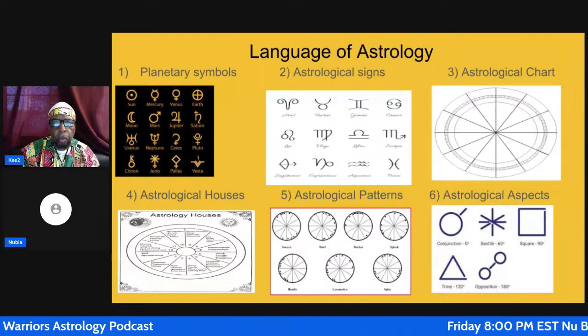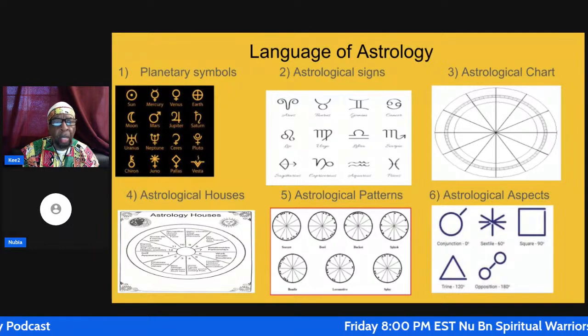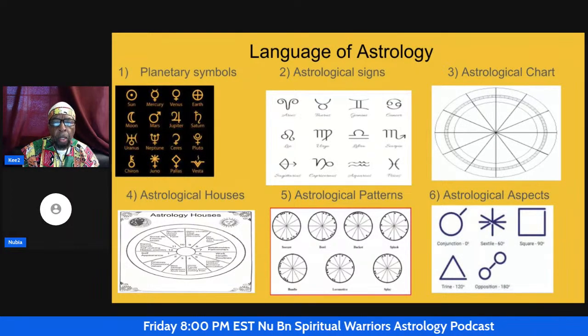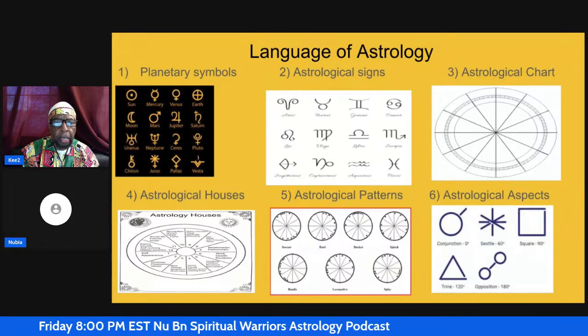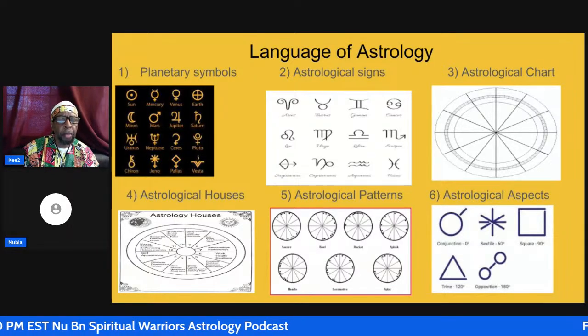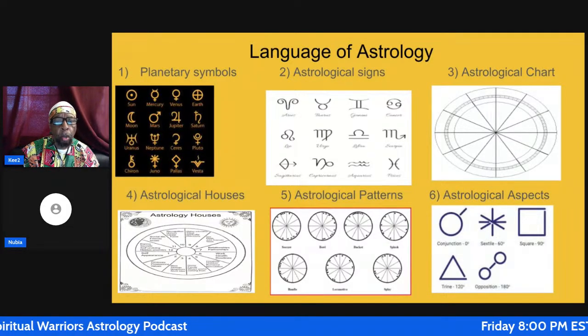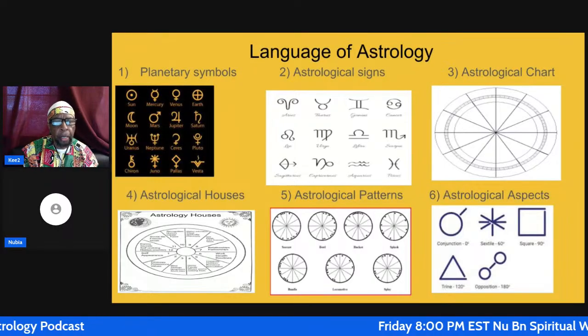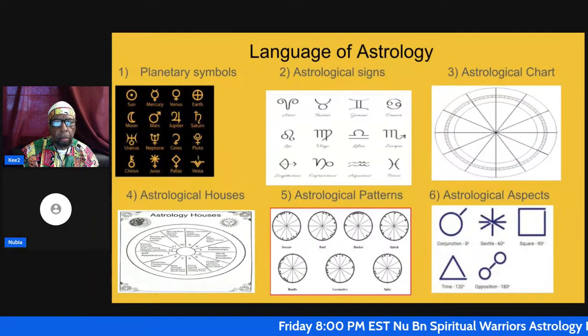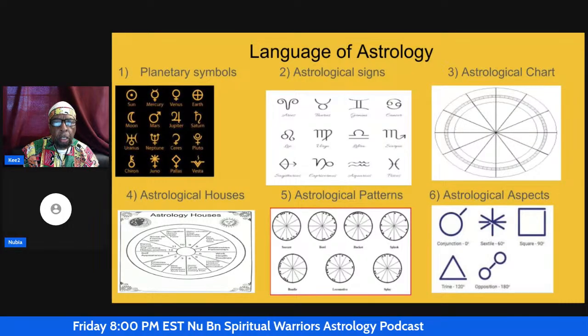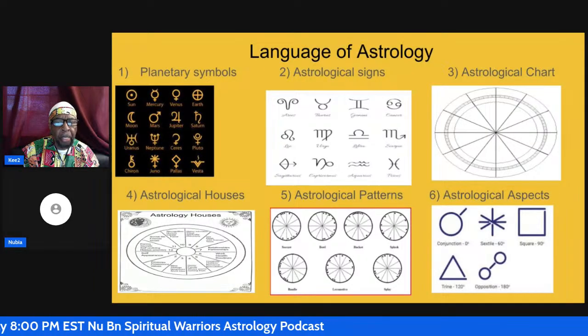So let's go to the astrological aspects. This is very important as well, because the astrological aspects indicate the form of communication that is going on between two planets. So, let's start with the conjunction. Conjunction means that the planets are basically 0 to 5 degrees apart.